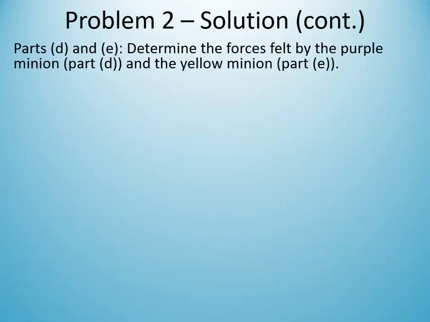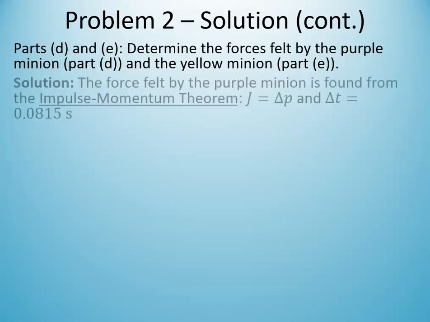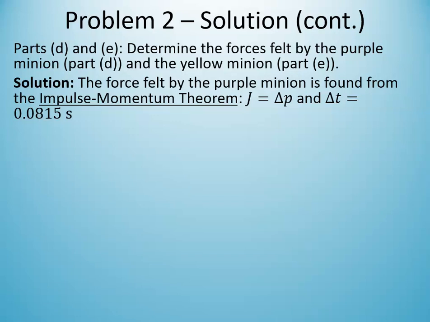Now, what about the forces felt by the purple and yellow minion? Well, for part D, the force felt by the purple minion, we get that from the impulse momentum theorem. So the impulse momentum theorem tells us that that same thing, impulse, that is change in momentum, is also force times time, where in this case when we say time, we're talking about the time interval of the collision or the interaction.